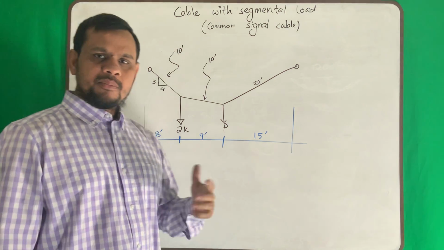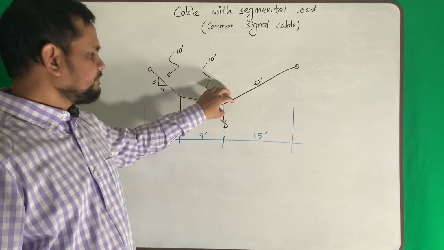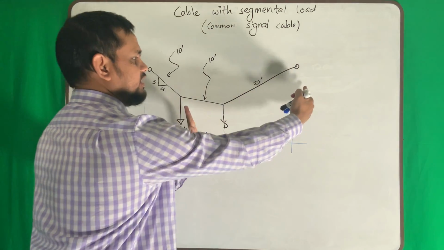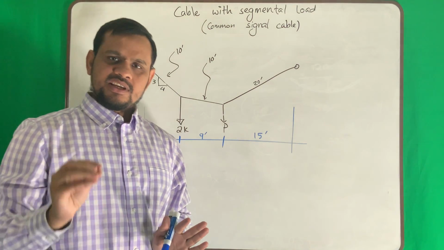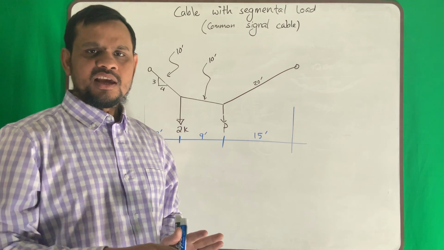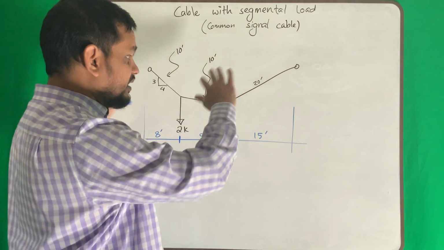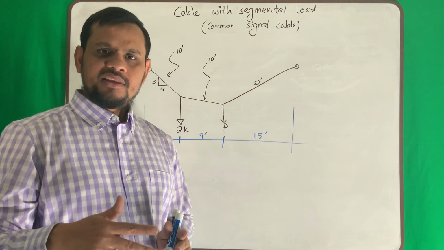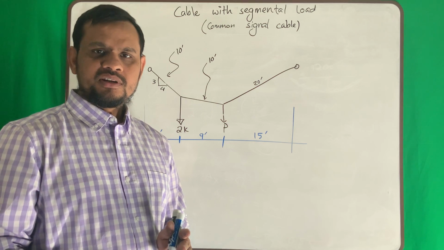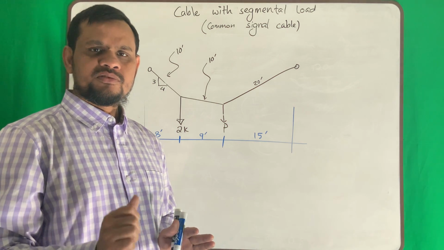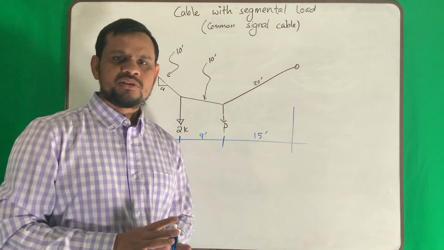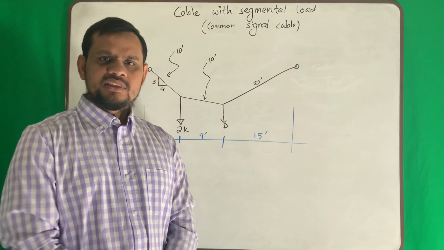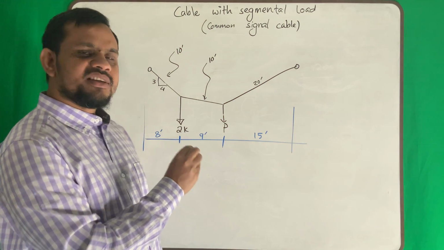Number two, you can take any joint or any section, or even the entire cable, and apply the equilibrium equations: summation of moment, summation of force in x direction, summation of force in y direction. Using this combination, you can solve this cable. Nothing is scary, just straightforward. The only thing is you have to start from the easiest point.